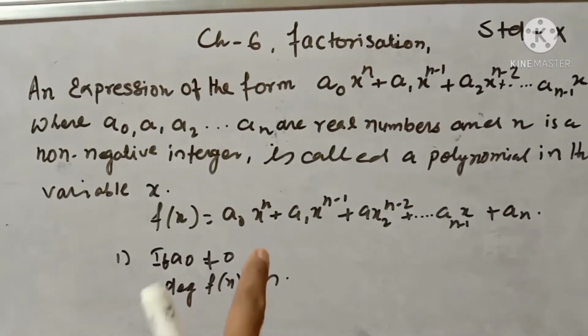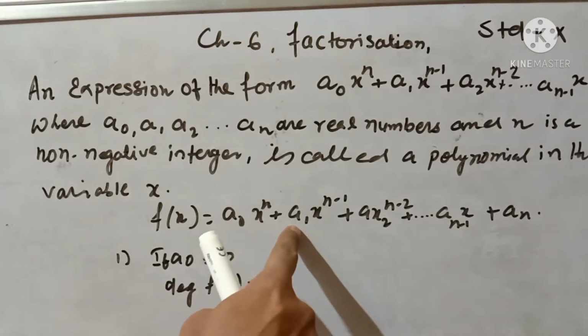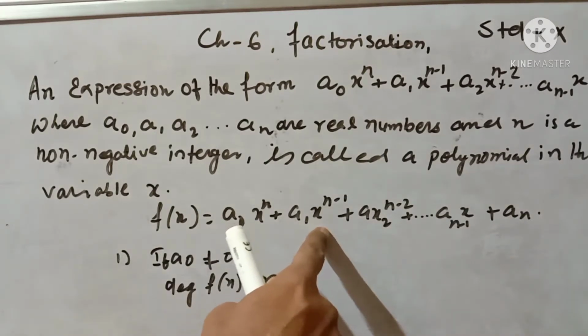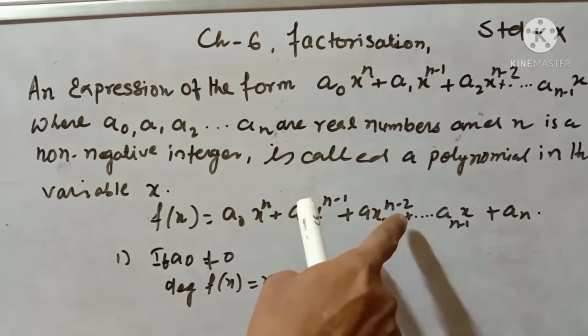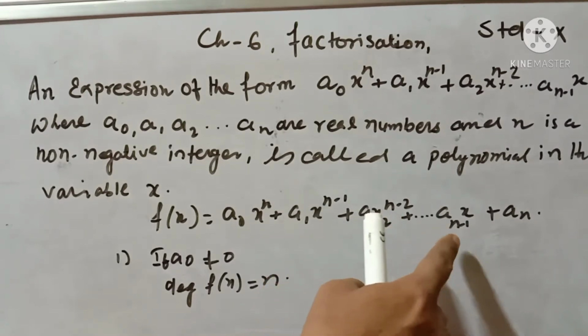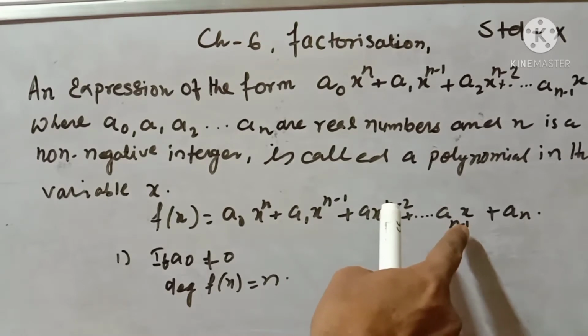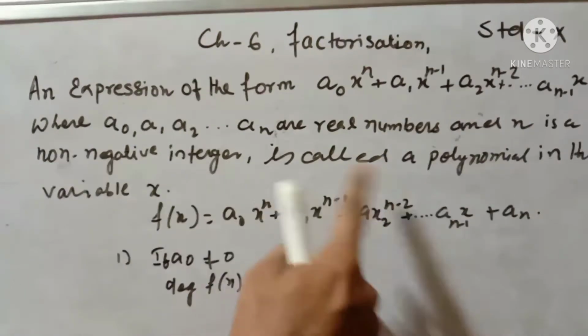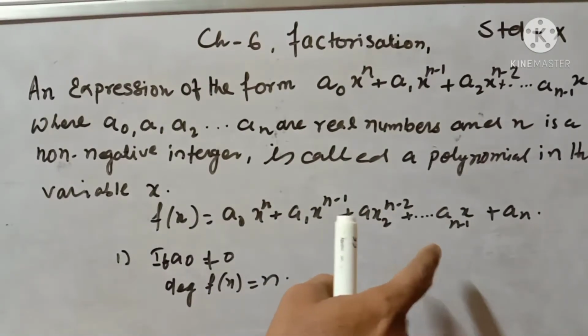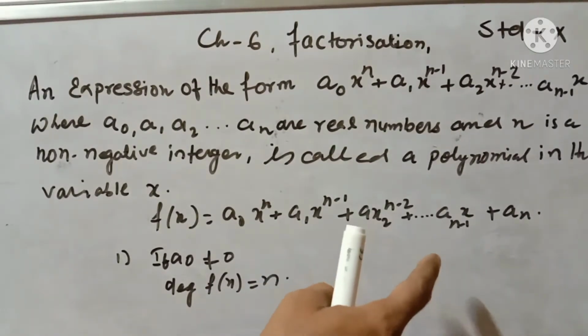And a0 x^n, a1 x^(n-1), a2 x^(n-2), up to a(n-1) x and a n are called the terms of the polynomial.